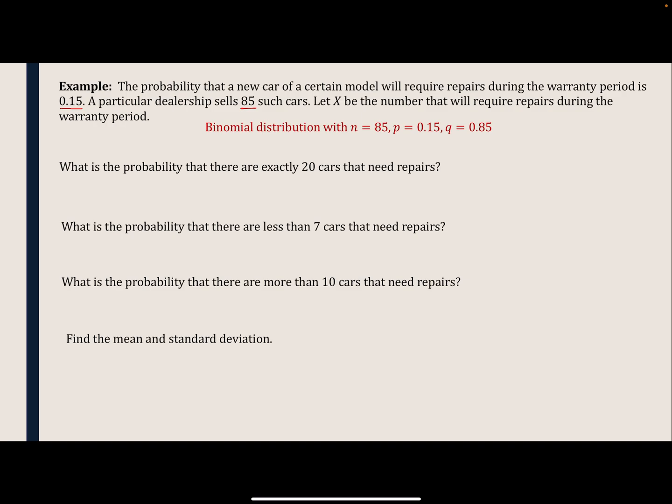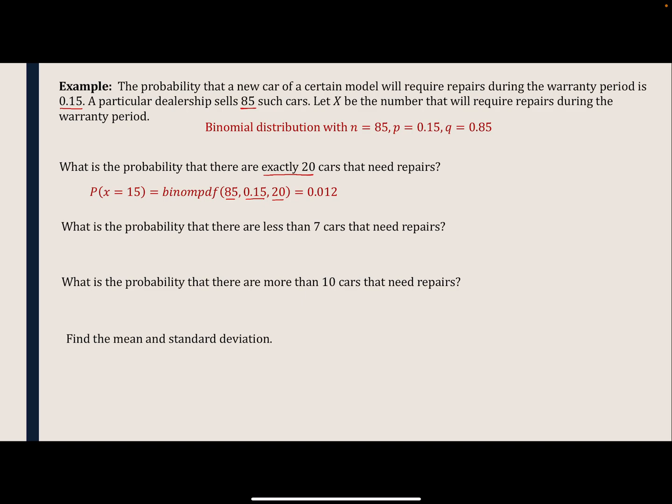So what is the probability that there are exactly 20 cars that need repairs? Exactly a certain number of successes means that we're using the binomial PDF command, with our number of trials, probability of success, and the number of times we would see that success. What is the probability that there are less than 7 cars that need repairs?